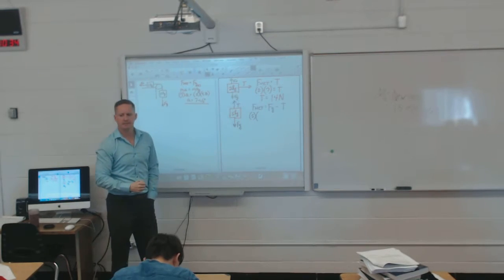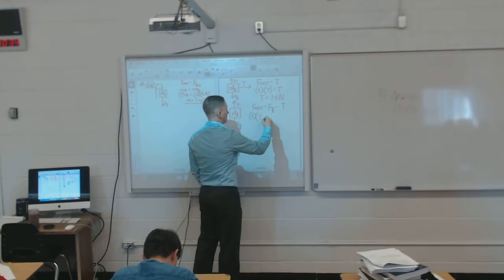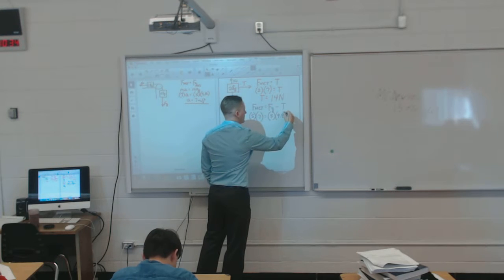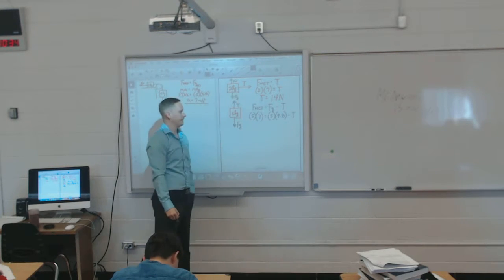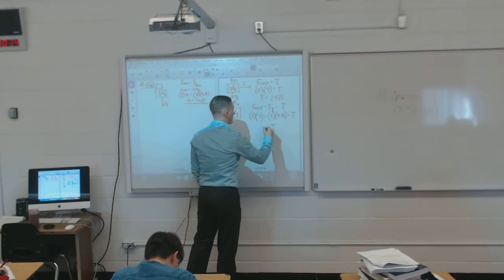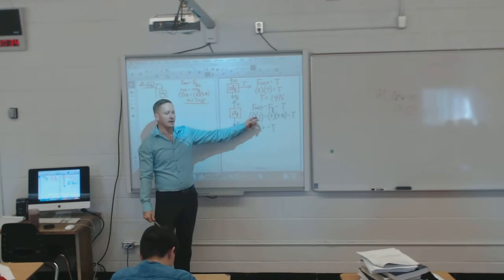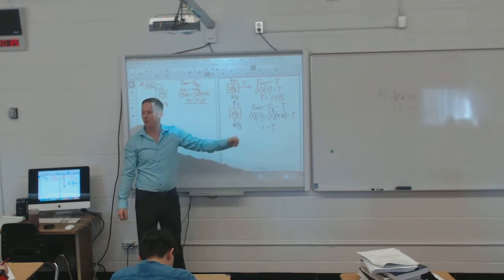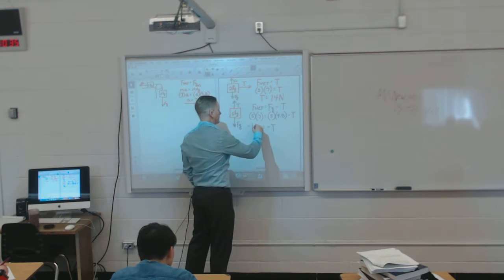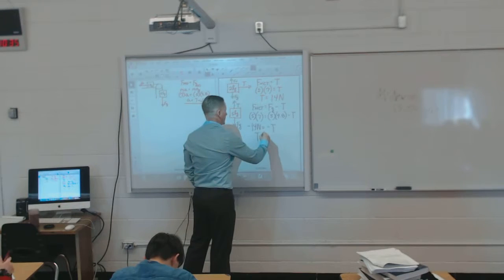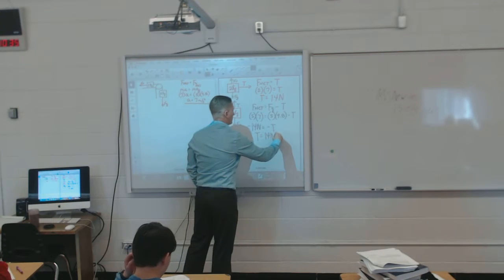What's it accelerating at? 7 equals 5 times 9.8 minus T. Negative T equals, so 5 times 7 is 35. 5 times 9.8 is 49. 35 subtract 49 is negative 14. Tension equals 14 newtons.